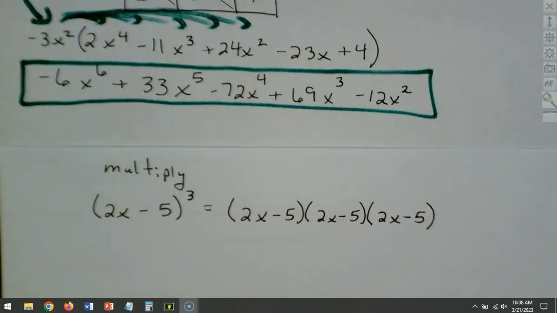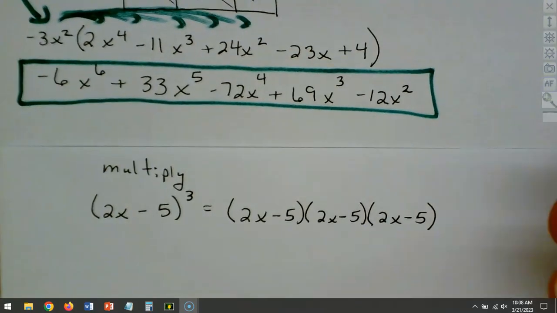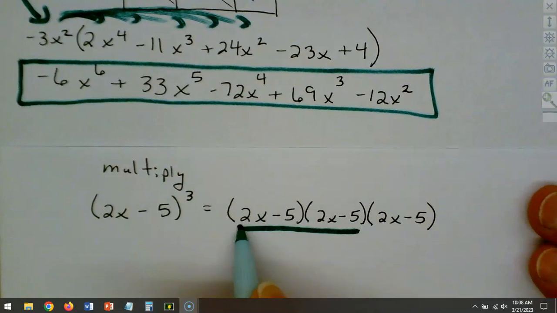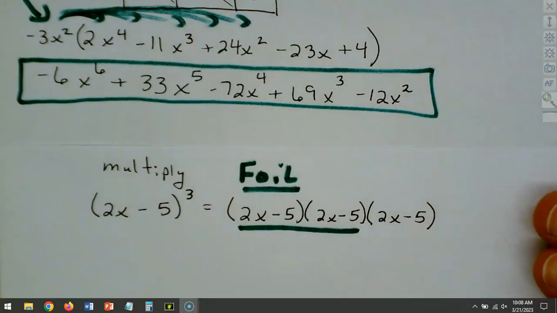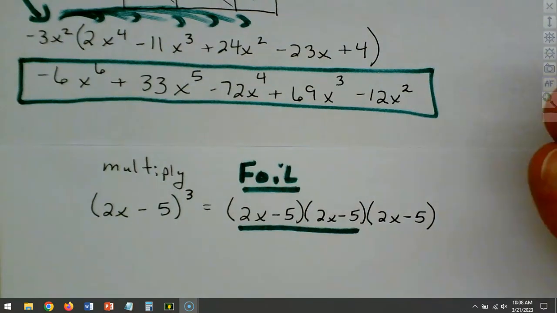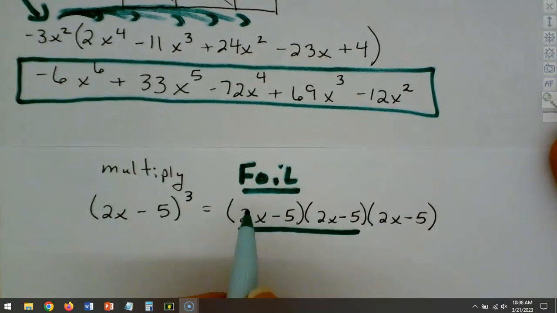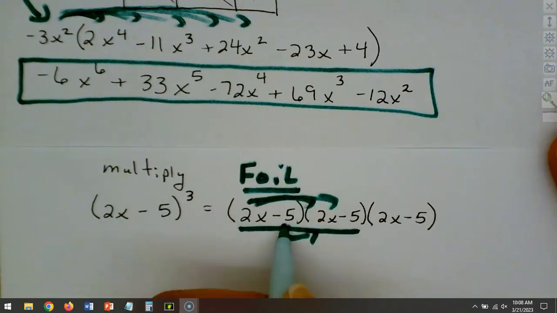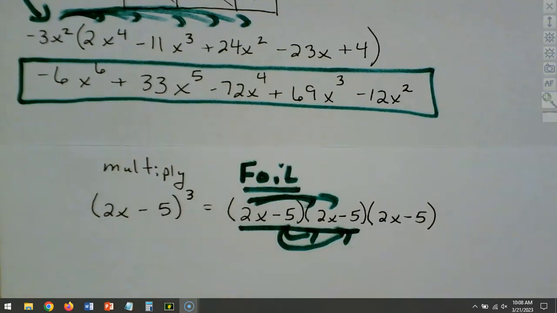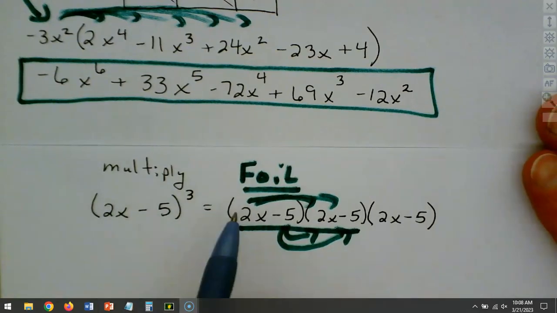We want to group things together, so we're going to group the first two parentheses together, and FOIL all of this out, and see what we're left with. Be very careful with your signs when you FOIL.